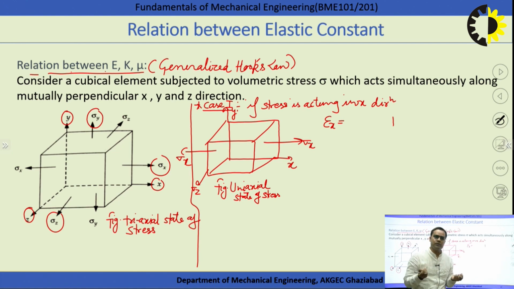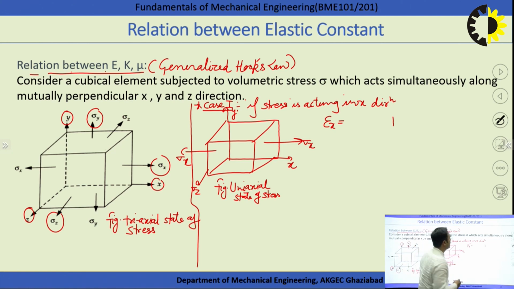Because it is a three-dimensional body, if I apply force in any direction, change will take place in all directions. In the direction of the load, the change is longitudinal, and in the other directions, the change is known as lateral. So load is acting in one direction, but strain is induced in all three directions.